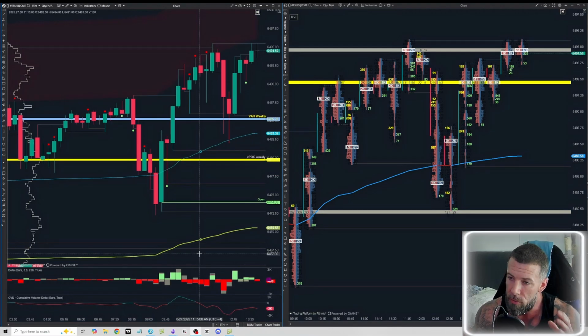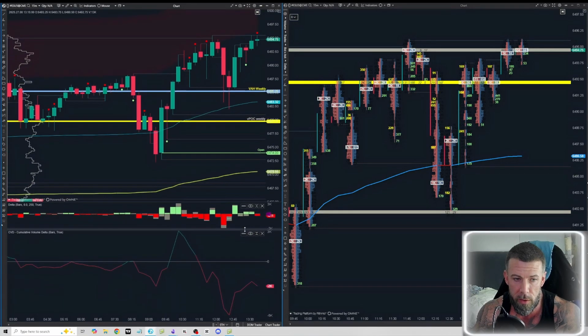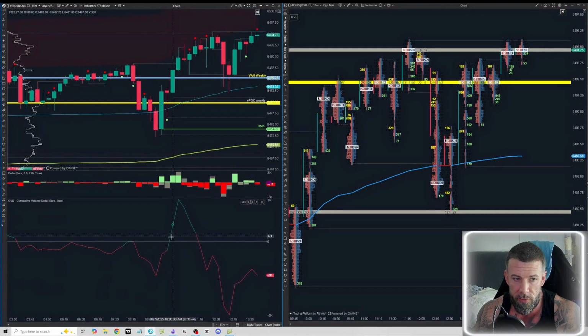Now, if you have, say, 1,000 buyers and then 2,000 sellers, you're going to have a negative number. So then the CVD down here will actually turn negative because it will be under zero. So if we just look closely at this right here, if we could just make this bigger, if we look just at the CVD, anything above the zero line is saying that there's more aggressive buyers than sellers.